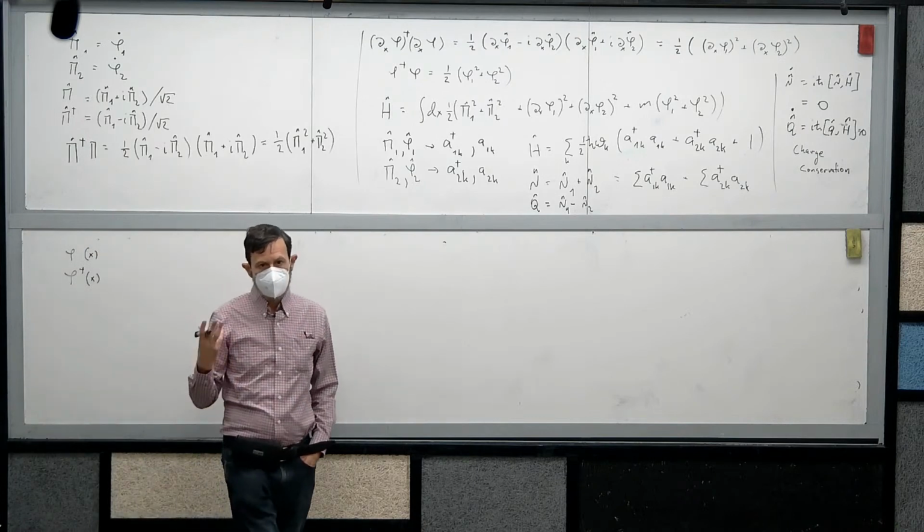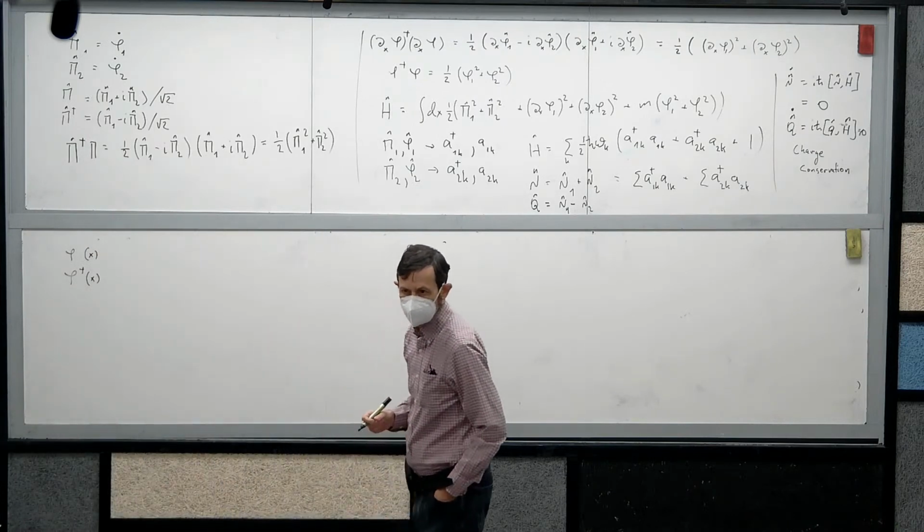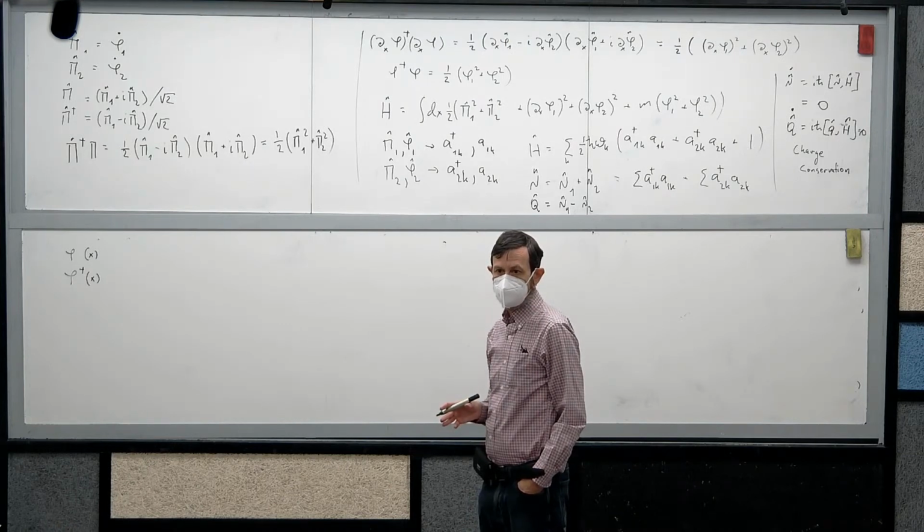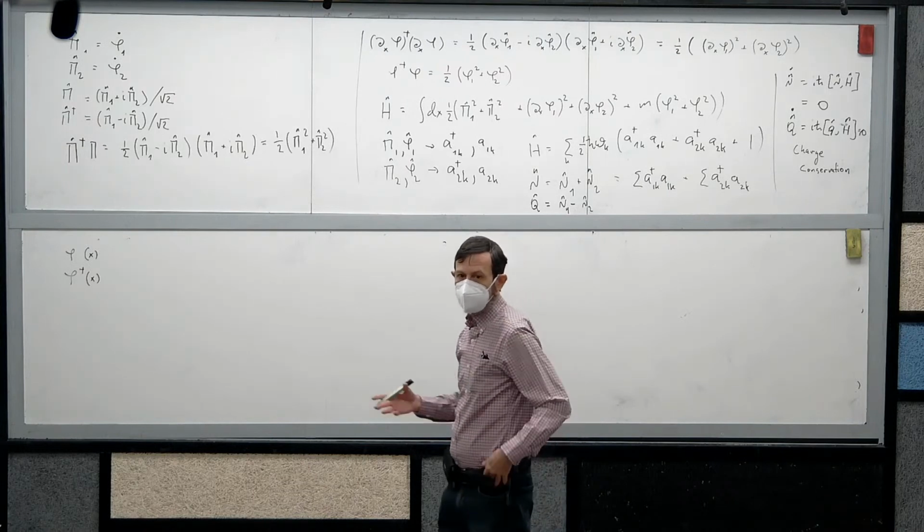So I have here the 2 components of the field. I want to do a transformation. One, I'm allowed.